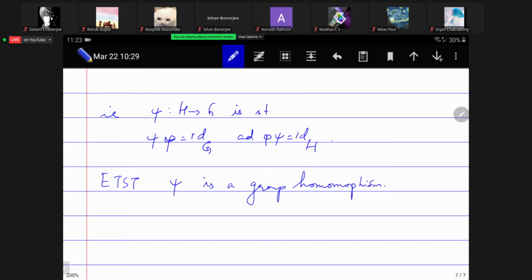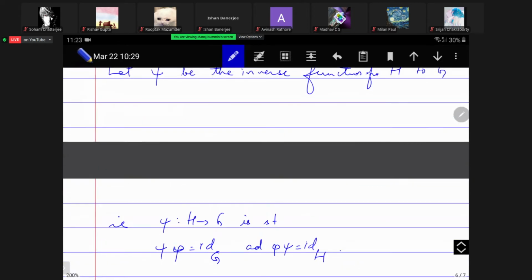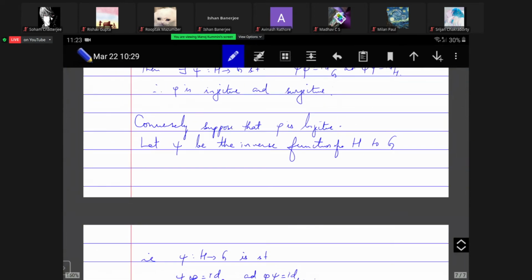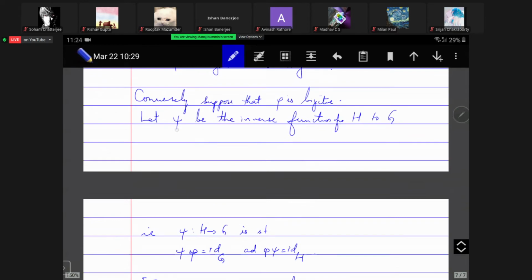We have assumed that phi is a bijective group homomorphism. We want to show that there exists a group homomorphism psi from H to G satisfying these two conditions. We don't know yet whether there is such a group homomorphism.